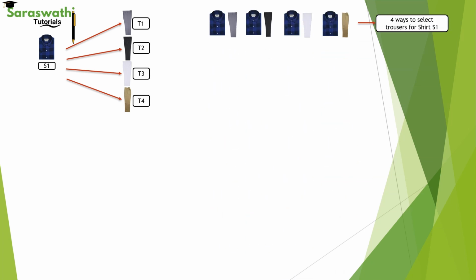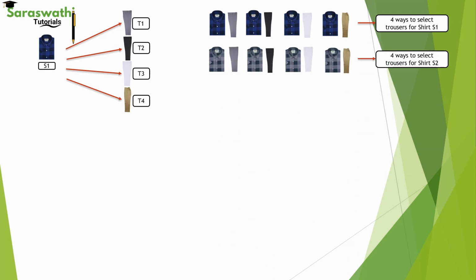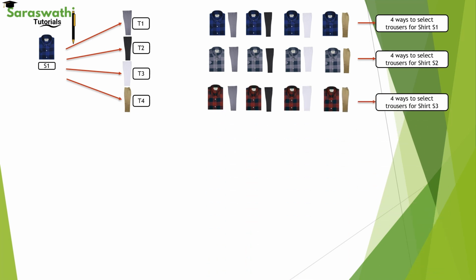Similarly, if we select shirt S2 we'll again have 4 choices of trousers. Finally, if we select shirt S3 we'll get 4 choices for trousers as well. In total, we will have 12 ways to select a suit. Therefore, the number of ways to select a suit is equal to 4 plus 4 plus 4. By taking 4 as a common factor, we get 1 plus 1 plus 1, multiplied by 4.